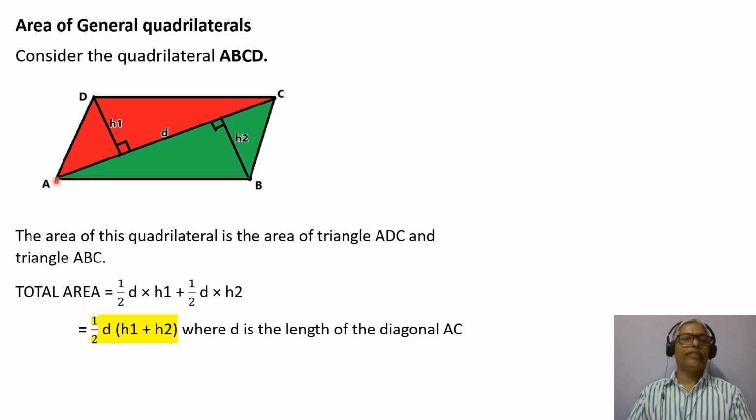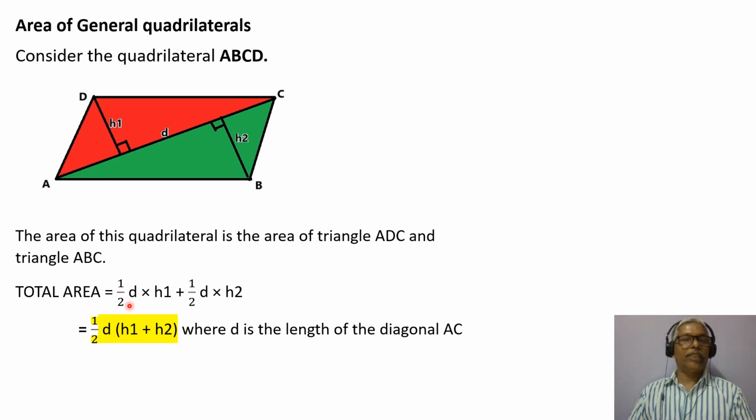This is the height for ABC. Okay. The area of this quadrilateral is the area of triangle ADC and triangle ABC. This red one and green one. Okay. Total will be the area of the quadrilateral.